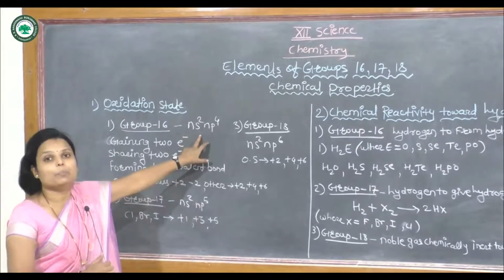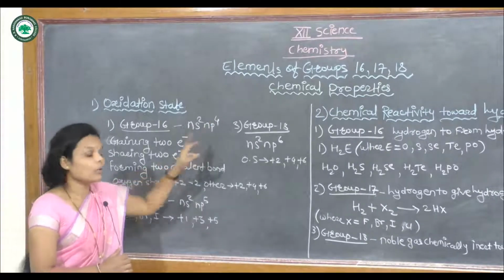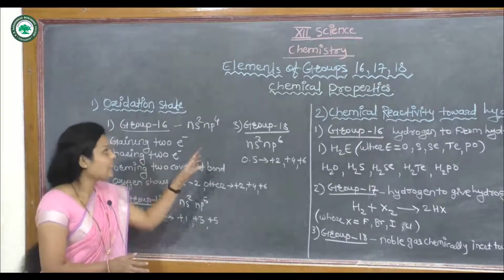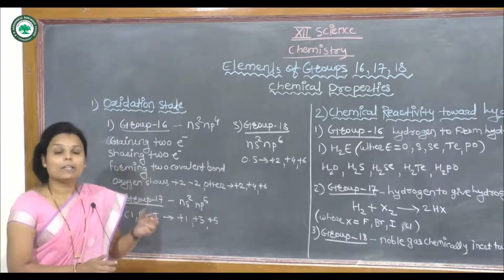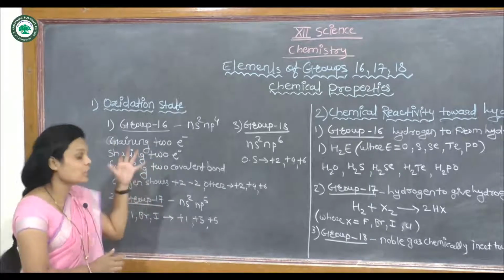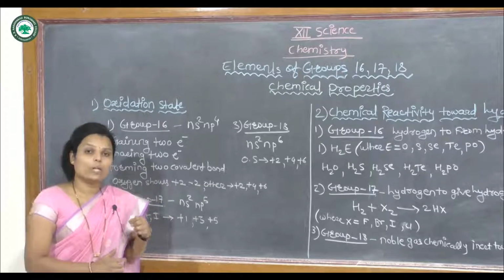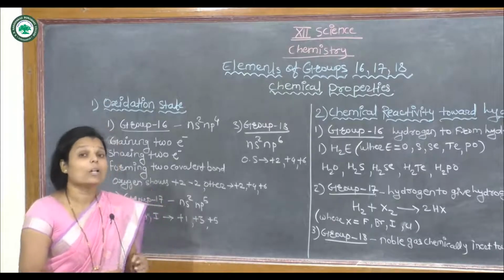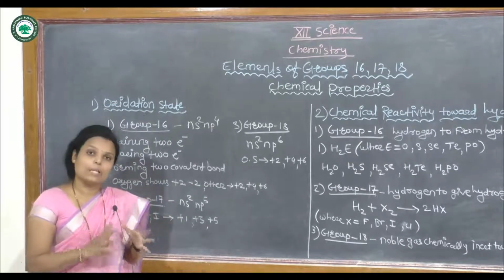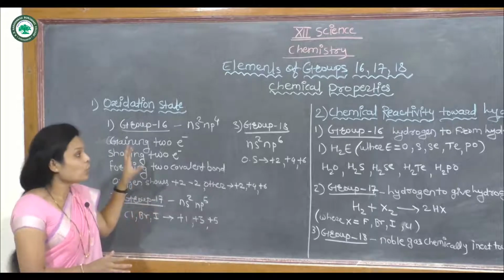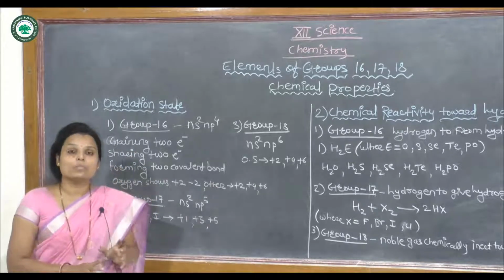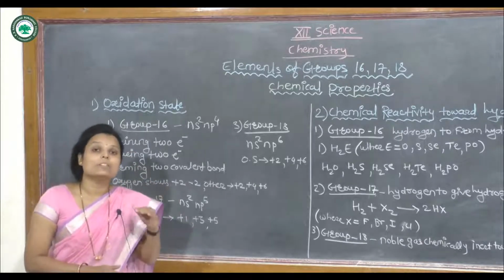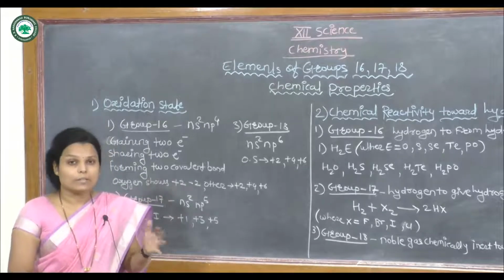Because in the p orbital only 4 electrons are present, so it gains 2 electrons, and it also shares 2 electrons, forming a covalent bond. The group 16 elements form covalent bonds.